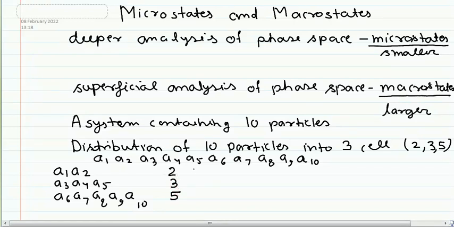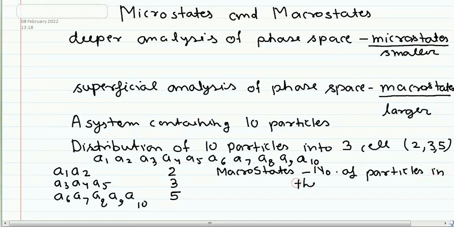These are termed as macrostates. Macrostates means the number of particles in the cell. It has nothing to do with which particle. Macrostates define only the number of particles in the cell. So this is a particular macrostate, in which there are 2, 3 and 5 particles.